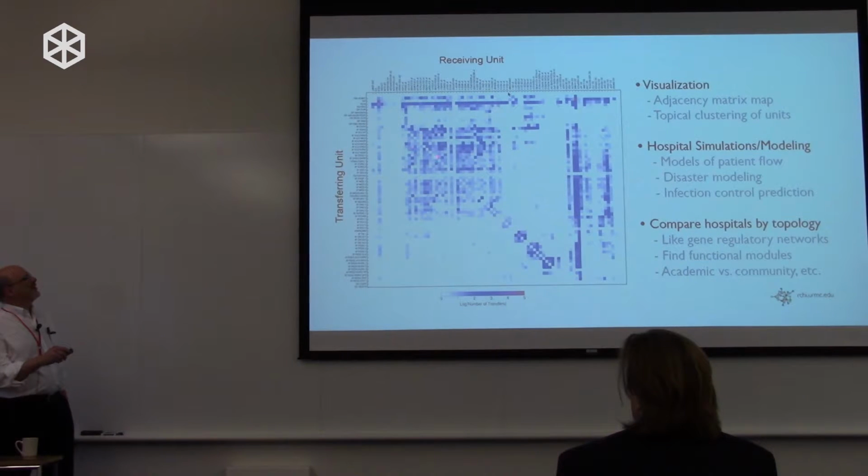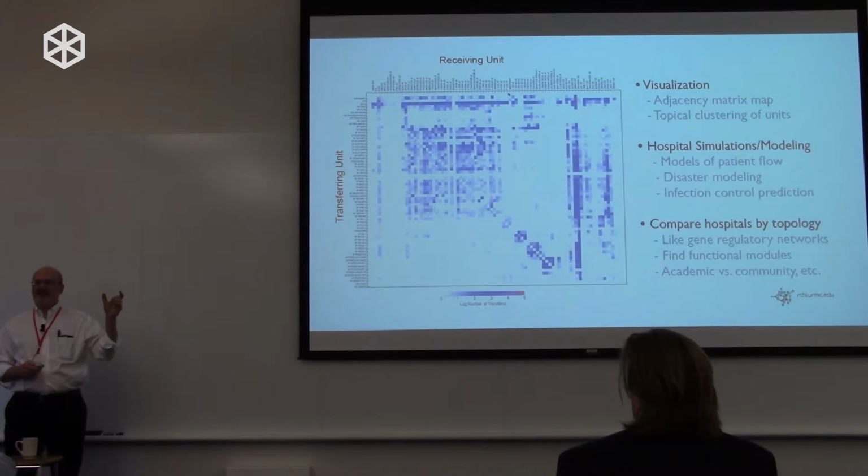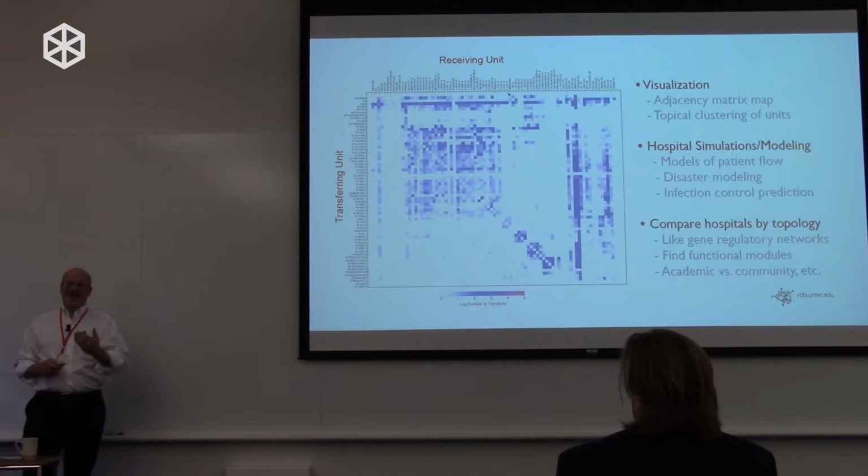This area are the intensive care units, and you can see that they tend to transfer patients a lot between each of the intensive care units. When I show this to hospital administrators, what they say is, well, that's because one intensive care unit is full, so we need to put somebody in an intensive care unit that may not, at that point, be appropriate for them, and then we transfer them back the next day.